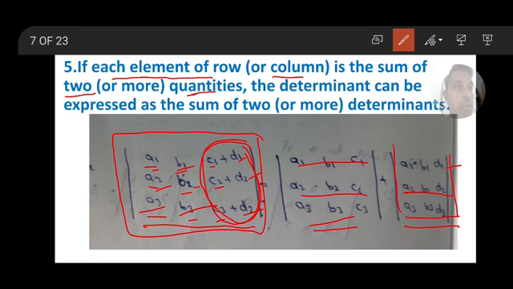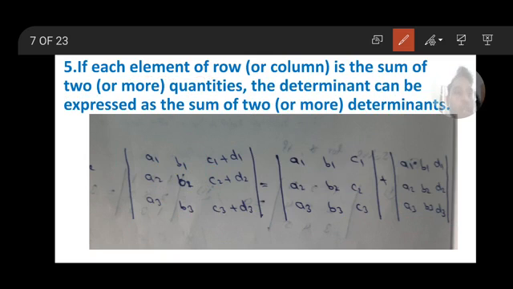Okay, this like this. Sum of two elements that will come.